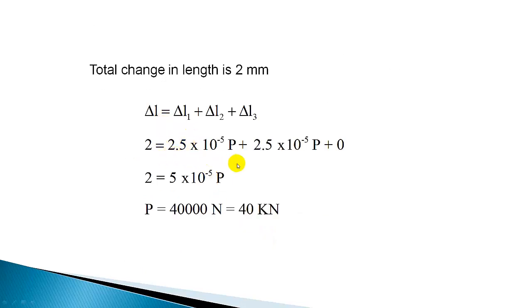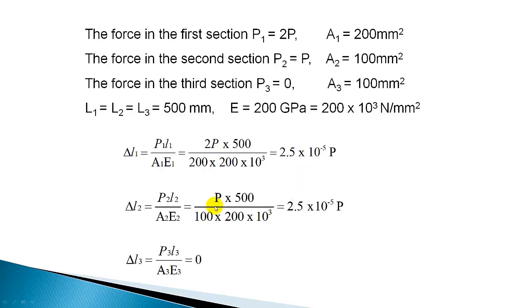So you can write down that, and we also know that total elongation should be equal to 2 mm. So 2 mm is equal to 2.5 into 10 raised to minus 5 P plus 2.5 into 10 raised to minus 5 P plus 0. We have seen that all these units are consistent while substituting. So this is in mm, this in mm square, and we have put Young's modulus in Newton per mm square.